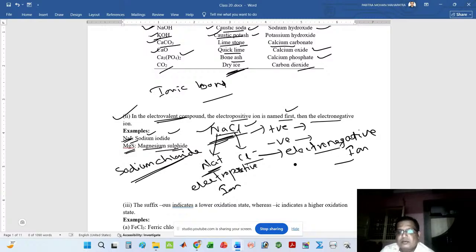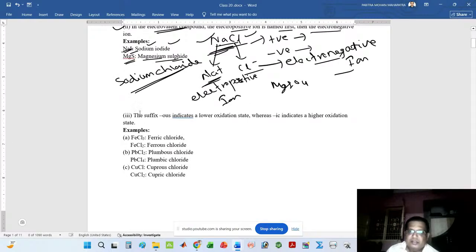You will take another example also, MgSO4. If you think about the MgSO4, here magnesium is your electropositive ion that carries Mg2+ ion. Here sulfate, SO4 2-, is your electronegative ion.